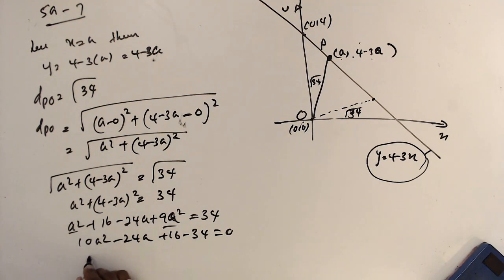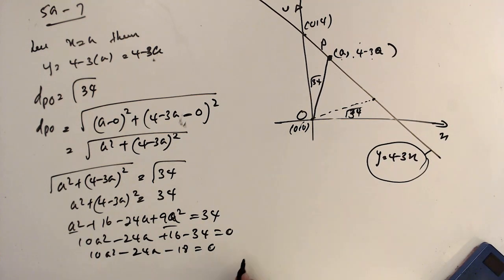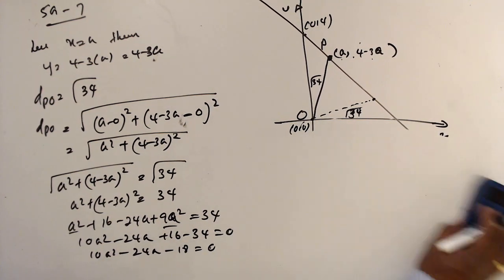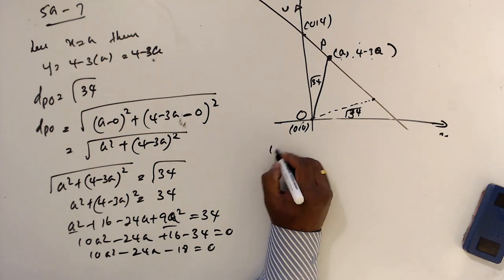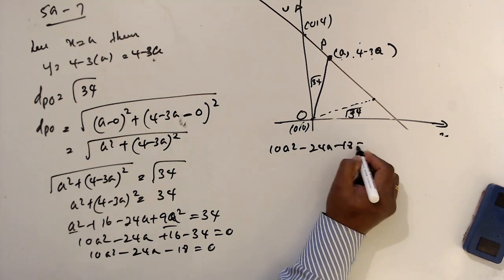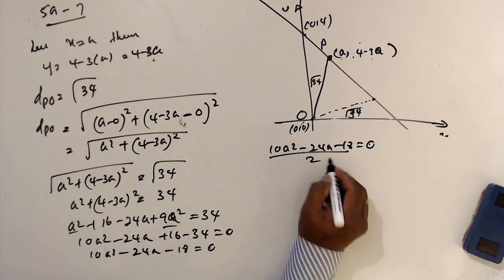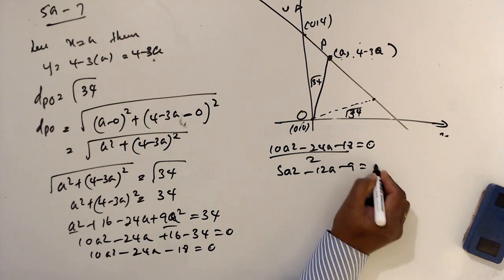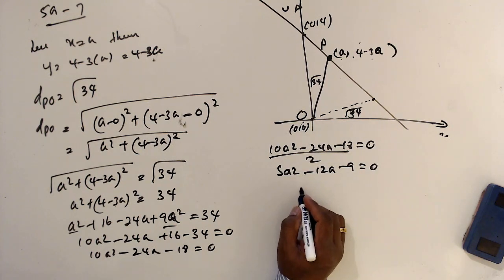So 10a squared minus 24a minus 18 equals 0. Now divide by 2: 5a squared minus 12a minus 9 equals 0.